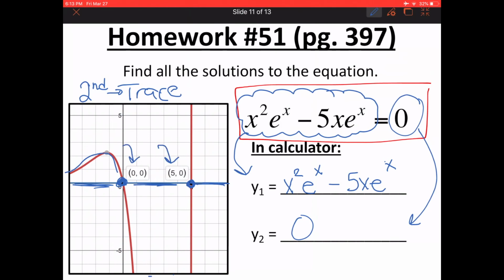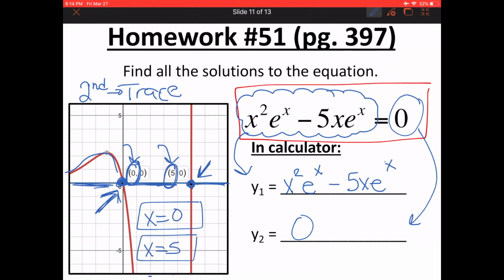So you're going to have two final answers. Your first answer would be x equals 0. That comes from my intersection on the left. And then my second answer would be x equals 5. And that comes here from my intersection on the right. And so that would be your two answers to this problem, x equals 0 and x equals 5.